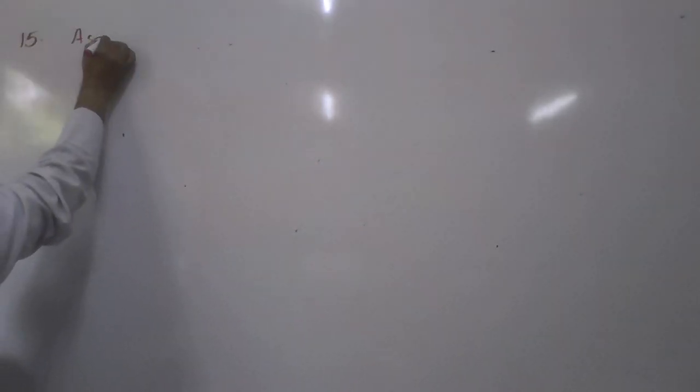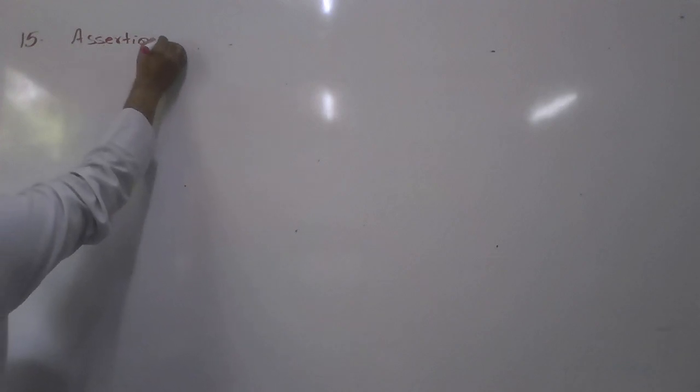What is the given question? Let me open the question. The 15th question given is: if the product of two numbers is 5780. Okay, let us go with this. The 15th question, he has given an assertion.